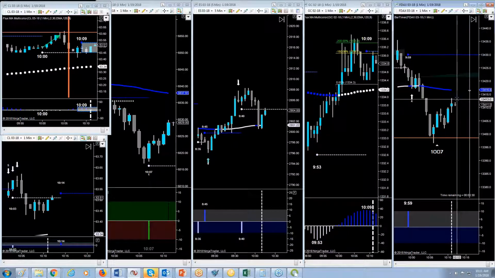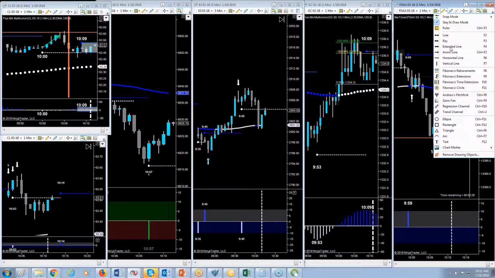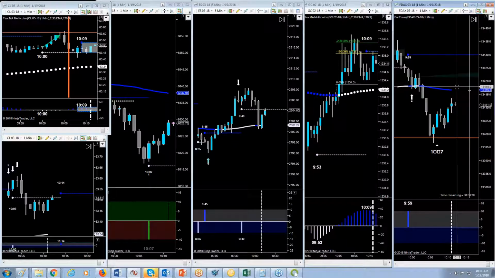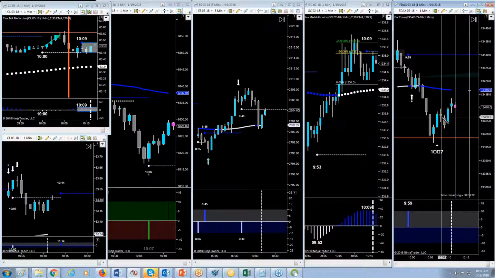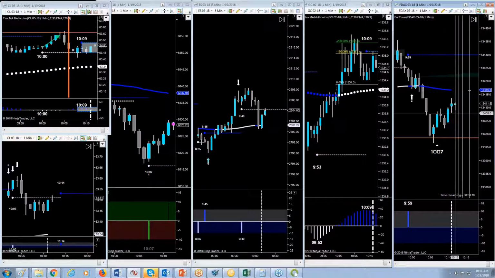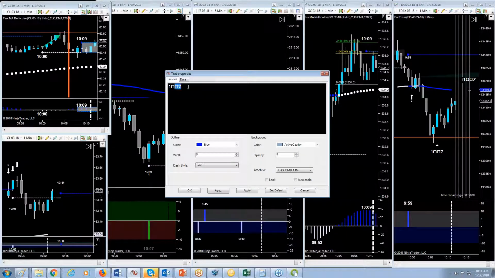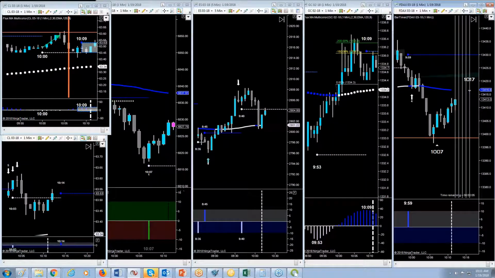This is 12 right here. 14, 15, 16, 10:17 is the next signal, Earl. 10:17 on the DAX using the split technique.